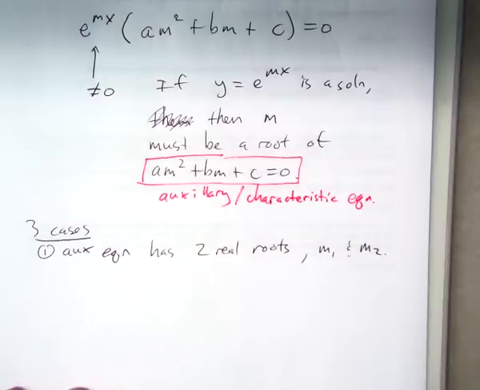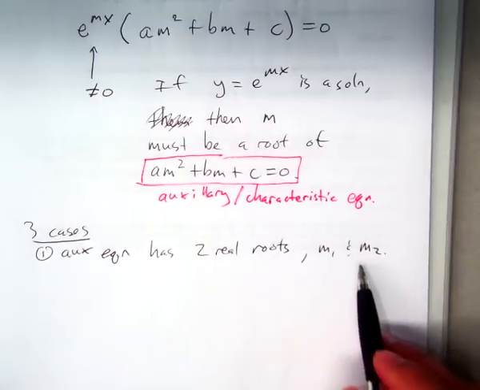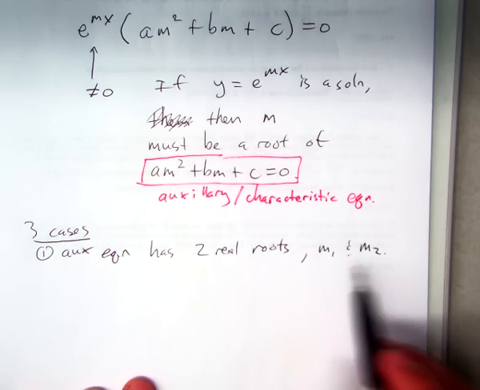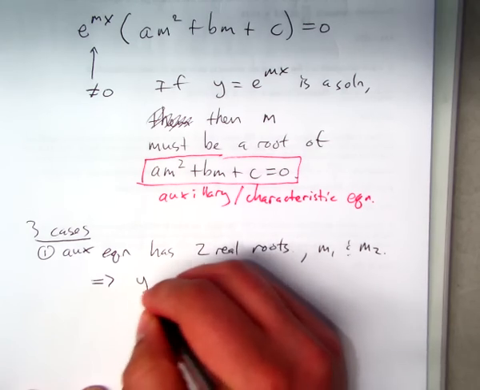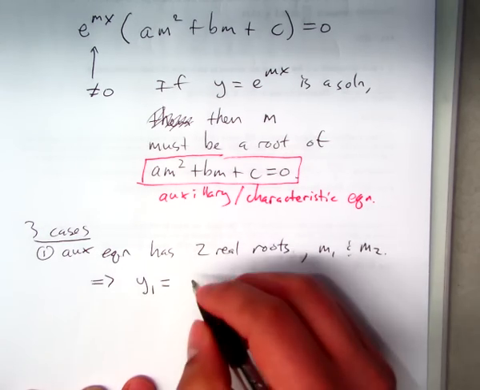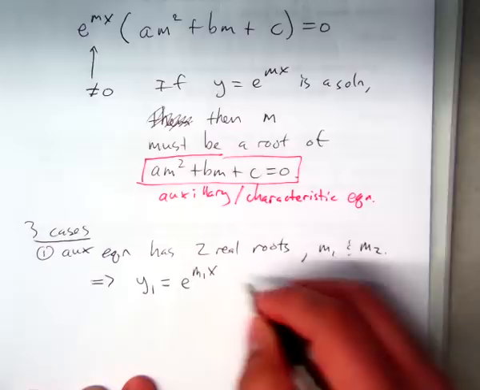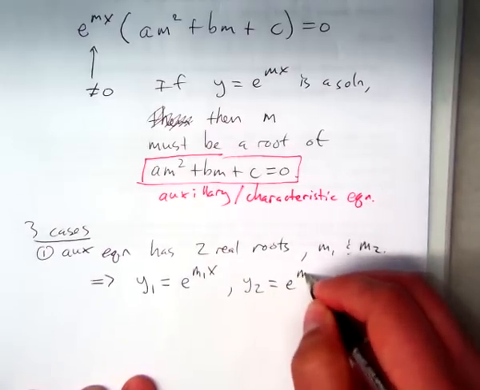So that's the usual quadratic. You run the quadratic formula or factor, you get 2 real answers. We're calling them m1 and m2. Okay? So then, that's going to imply that one of my answers is e to the m1x. And what's the other one? E to the m2x. Good.